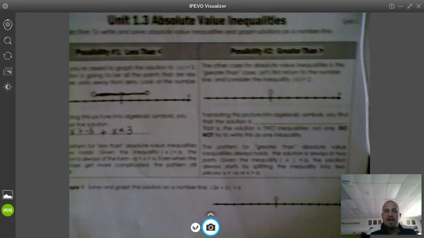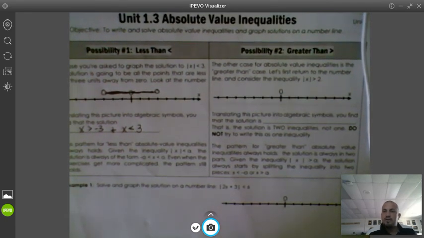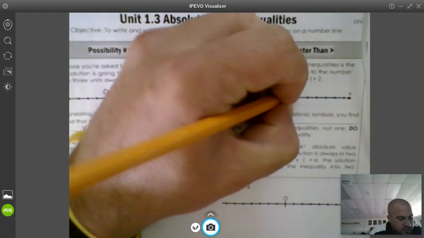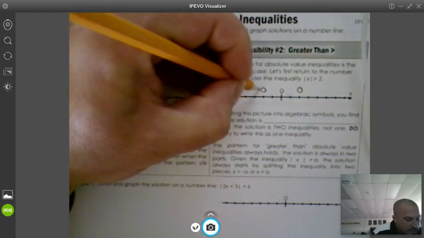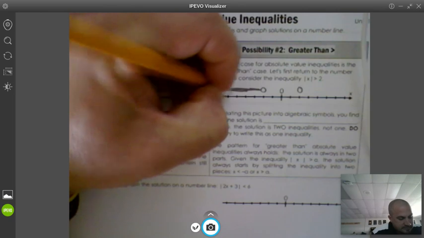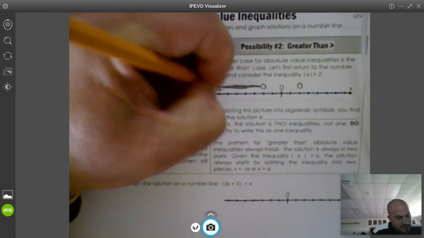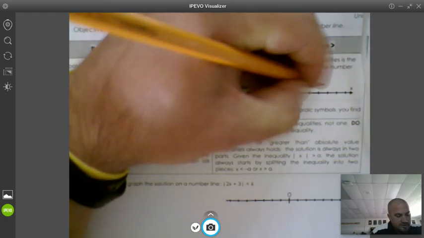If we have absolute value inequalities that are greater than, then what we need to do is go back to the number line and look at the absolute value of x is greater than 2, for example. So we go 2 away from 0, and we are going to shade in each direction. So x is more than 2 away in each direction.